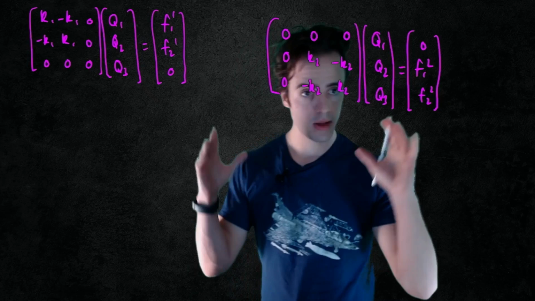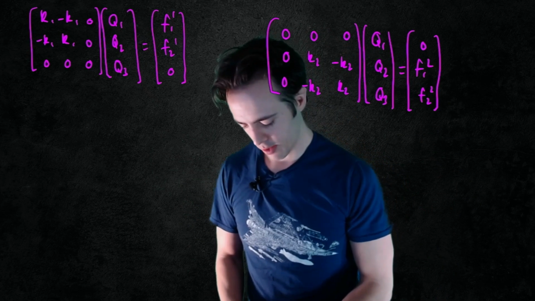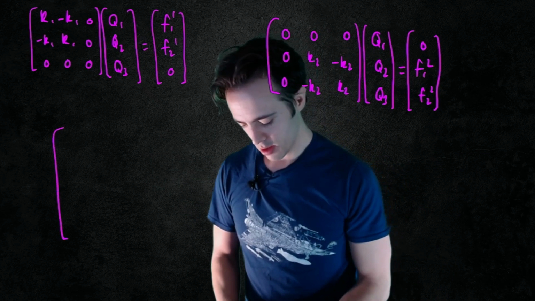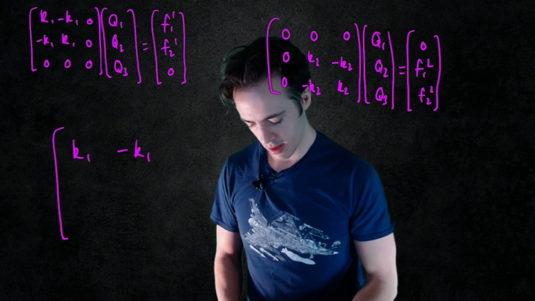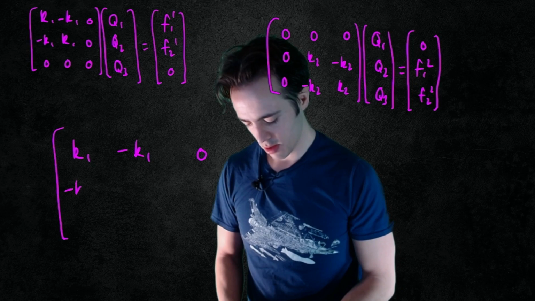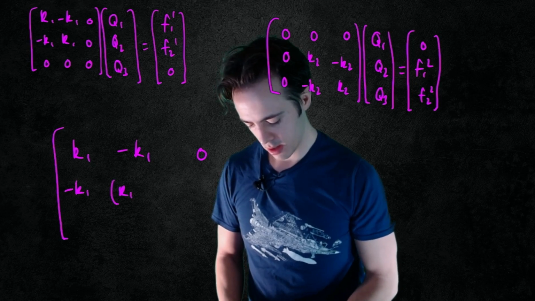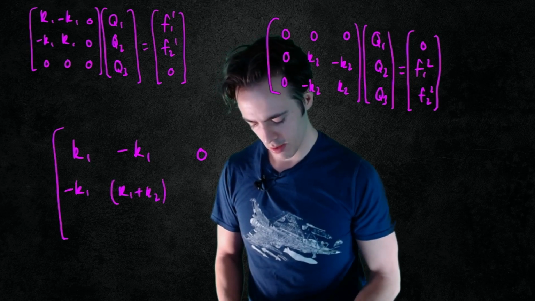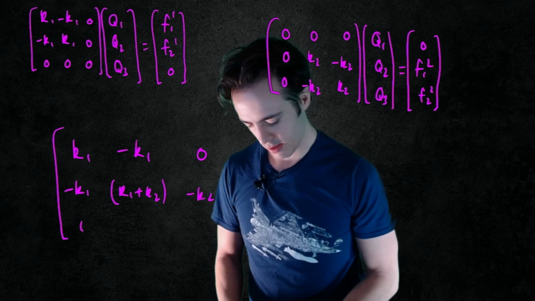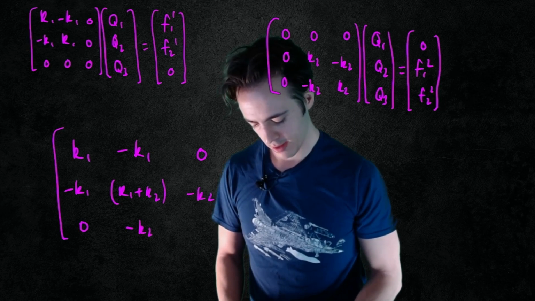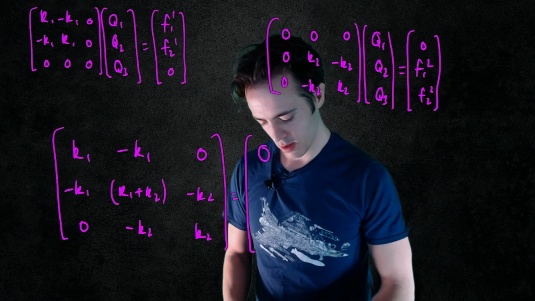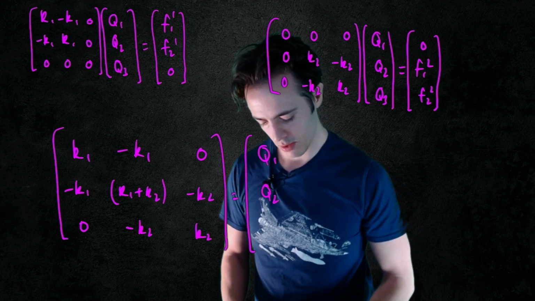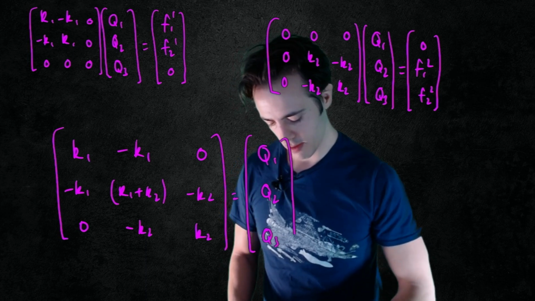And then now we had them in this format, we could add them together. This was to produce the global problem. So K1, minus K1 and 0, minus K1, K1 plus K2, minus K2, 0, minus K2 and K2 is equal to Q1, Q2 and Q3.